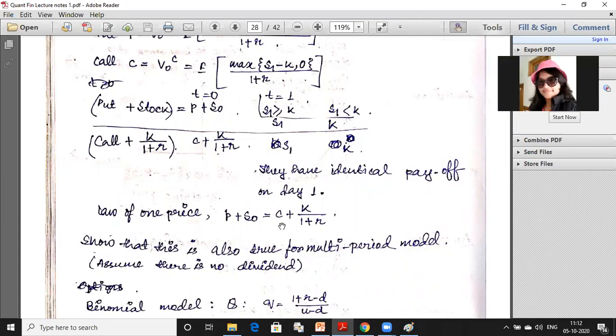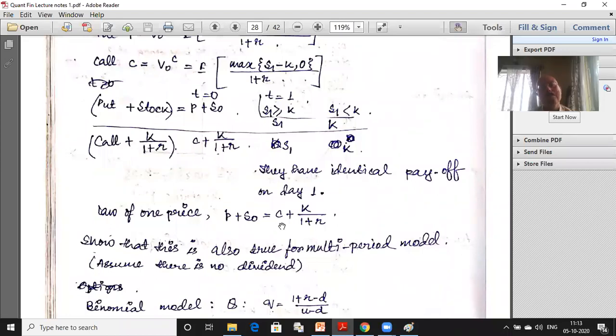So does this actually happen? Does this equality hold? I mean, are the put and call prices decided so that this equality holds? Okay, suppose it does not hold. Can you get a free lunch out of the market then? Yes, sir. So it has to hold.